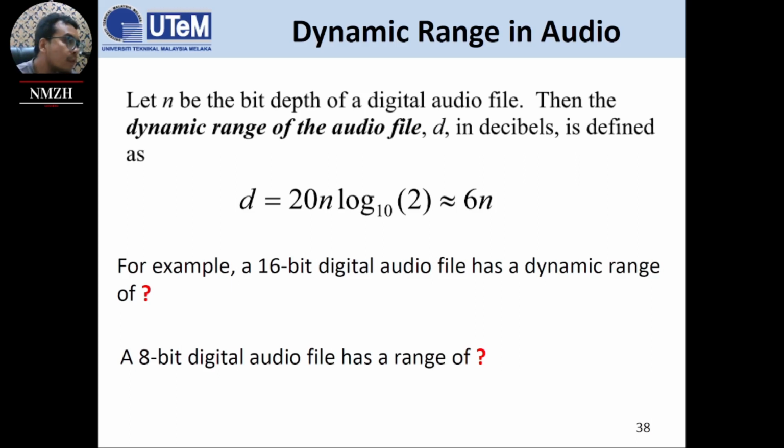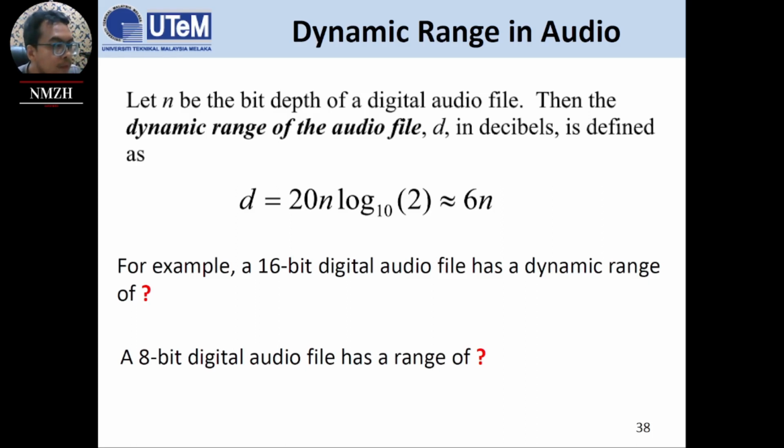Okay, dynamic range in audio. So let n be the bit depth. Bit depth, remember, is the sample size, and bit size, meaning the y-axis, is with respect to the quantization. Okay, the dynamic range of the audio file is d in decibels. So remember, here it is in decibels, not any other units.